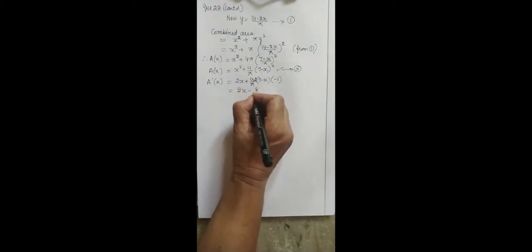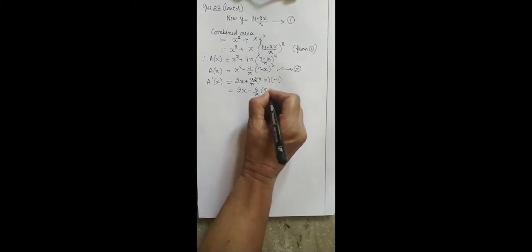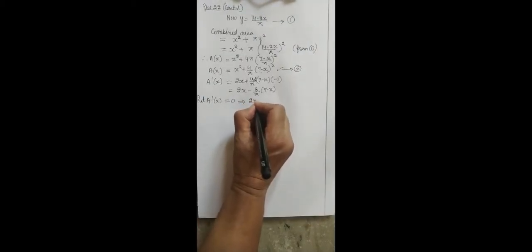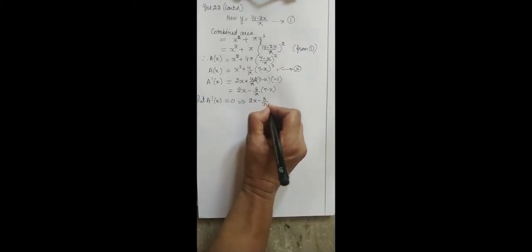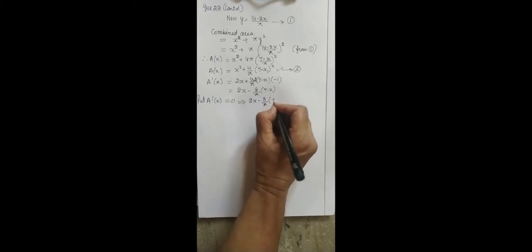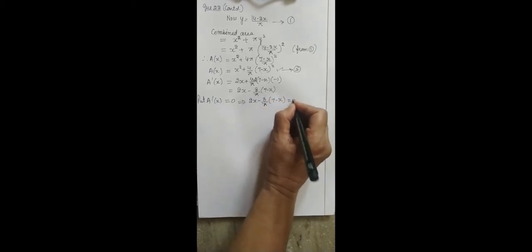So this becomes 2x minus 8 upon pi into (7 minus x). Now I will set this to 0 for finding my critical points, which gives me 2x minus 8 upon pi (7 minus x) is equal to 0.